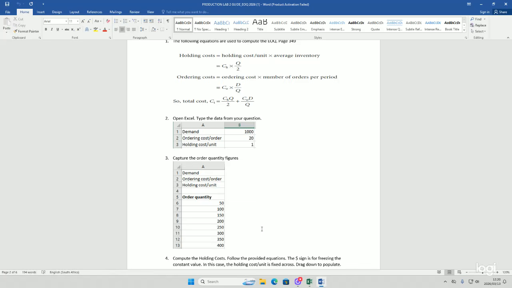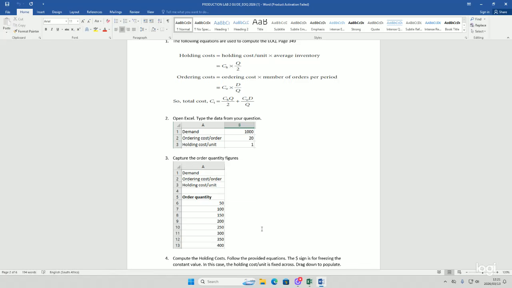Okay, so if a company doesn't know what to do, maybe at first they had too much inventory left after meeting customers' demand, and then they said, okay, next year, because it's an annual demand, can we please order less? And then they order less, and they have a stockout before meeting customers' demand.